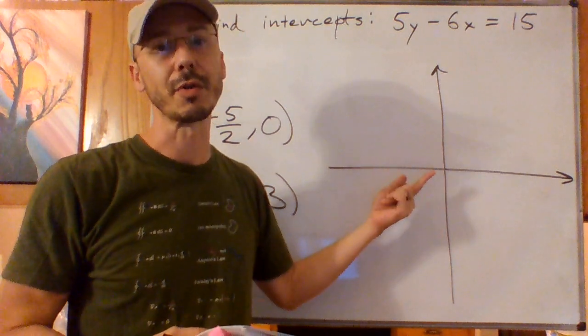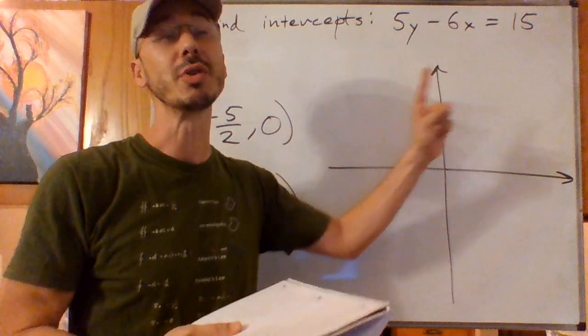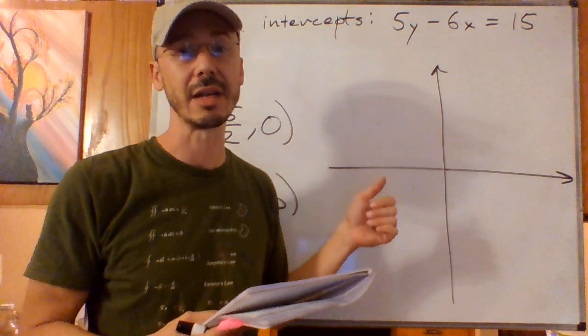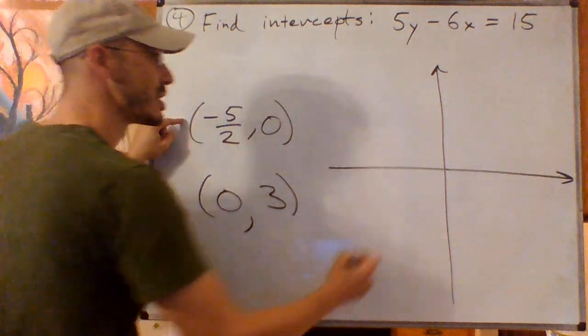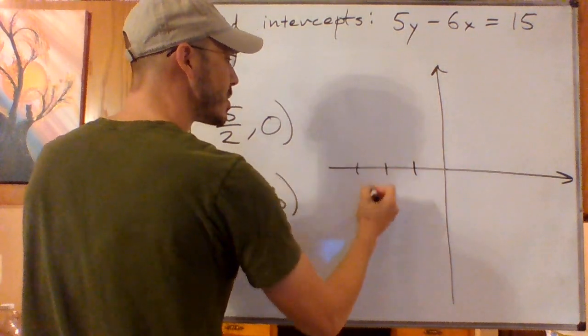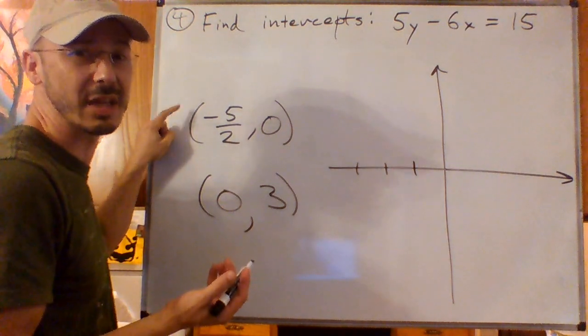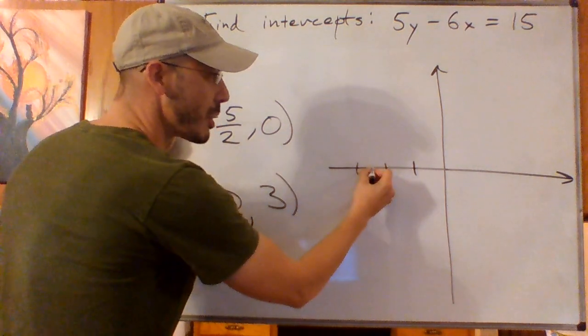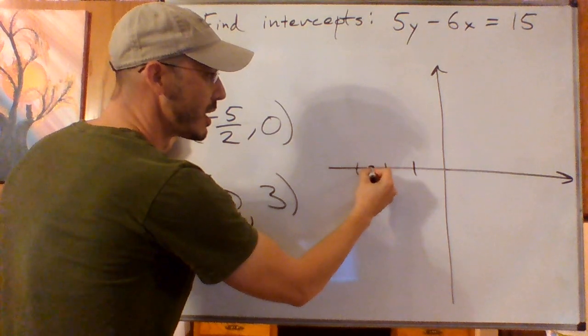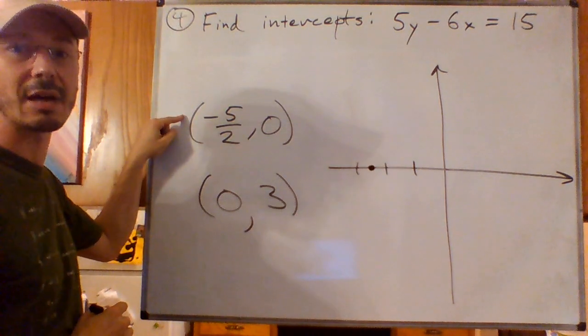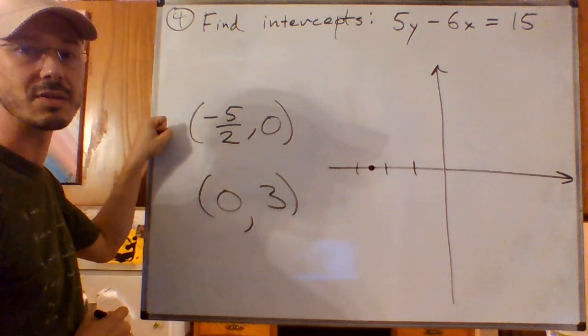And you put the first one, it's just a point. But when you put the second one, Hawks completes the line. I'm going to do this one first. Negative 5 halves. So negative 5 halves is negative 2.5, right about here. And negative 5 halves, 0 is that point. That's my x-intercept.